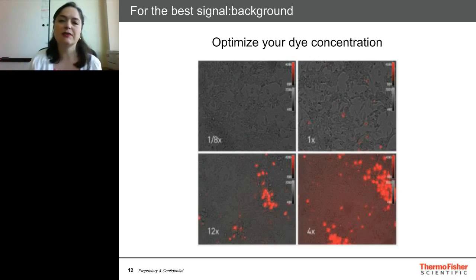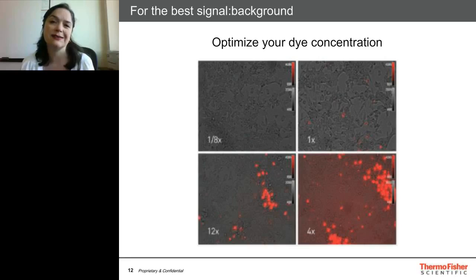If you go all the way up to 12x, you can see that the background is even visible to your eye, not just to the camera, and that would not be a good concentration either. So optimizing your dye concentration, checking a range of concentrations, can be helpful if you're running into either low signal or really high background.